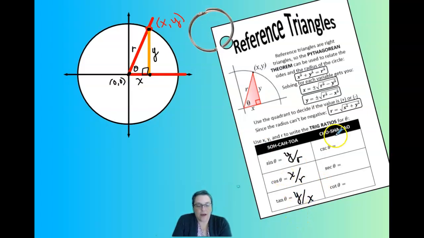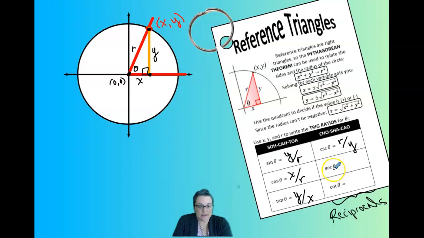Okay, now we have three new trig ratios that we're going to talk about today, and these are the reciprocal functions of sine, cosine, and tangent. The reciprocal of sine is called cosecant, and so if sine is y over r, its reciprocal, cosecant of theta, is r divided by y.